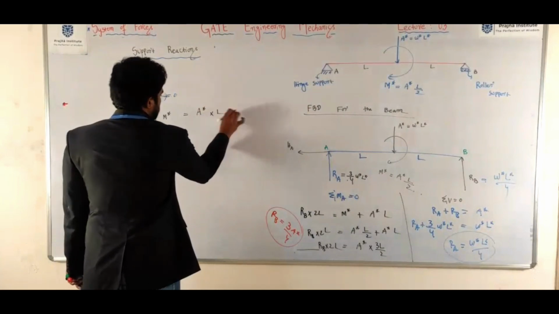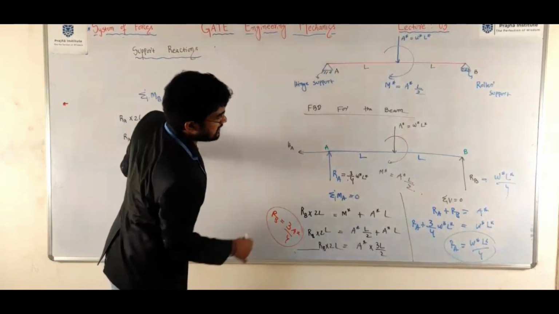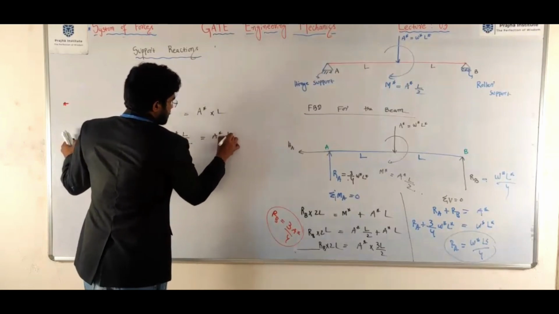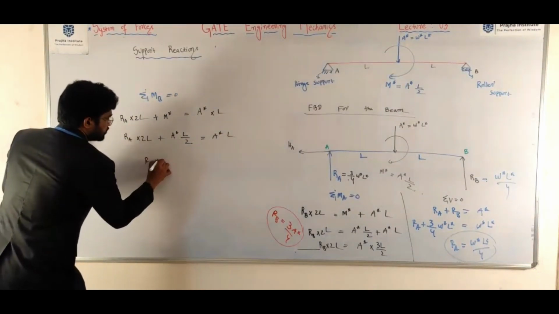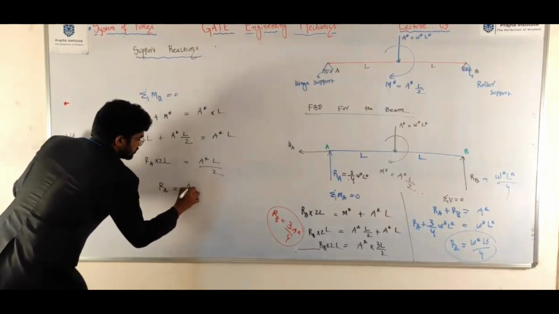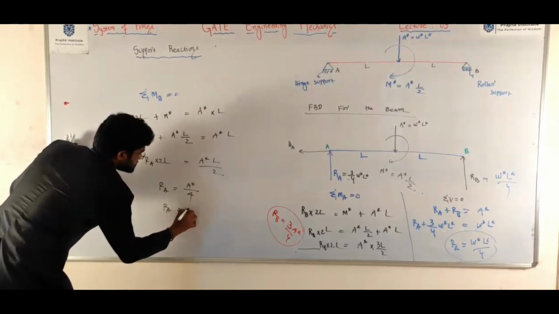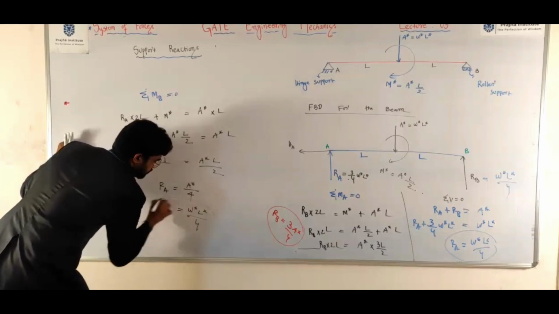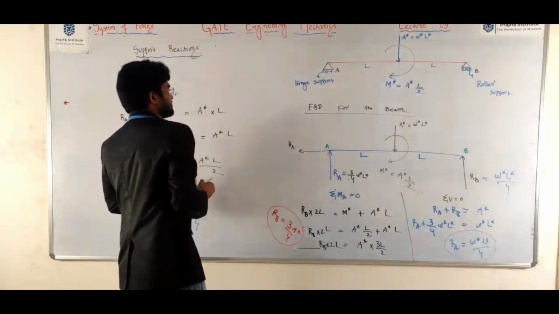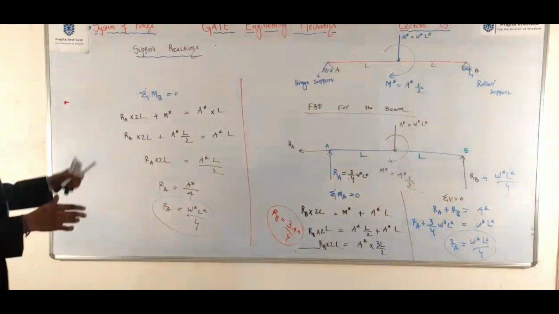A star into L. Thus, RA into 2L plus M star is nothing but A star into L by 2... A star into L. Finally, RA into 2L equals A star into L by 2. RA is equal to A star by 4. Correct? RA is equal to W star L star by 4. This is the way to determine the magnitude of support reactions in the case of a simply supported beam. Now, write down up to here.